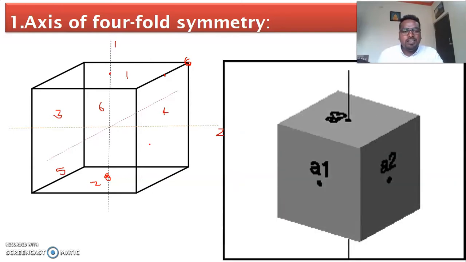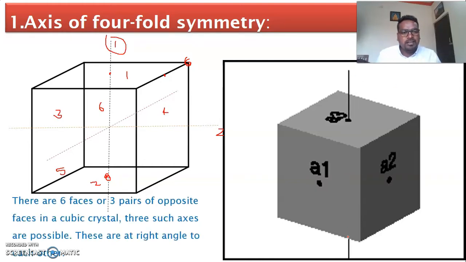Then if you rotate the crystal along the first line, at that moment the same appearance is obtained four times. For example, if you rotate like this, this is the first appearance, this is the second one, this is the third face, and this is the fourth face. In a cubic crystal, all the faces have the same area.